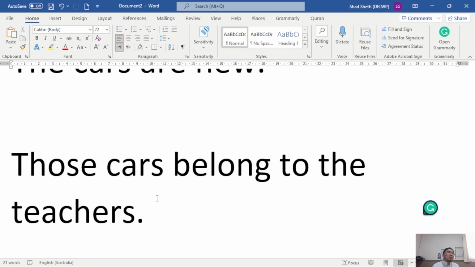You can't say tilka sayyaratu, that's like saying these are cars. That's those cars, not these are. So: tilka as-sayyaratu, and then the second part, belong to the teachers: lil-mudarrisin. Belong to the teachers.